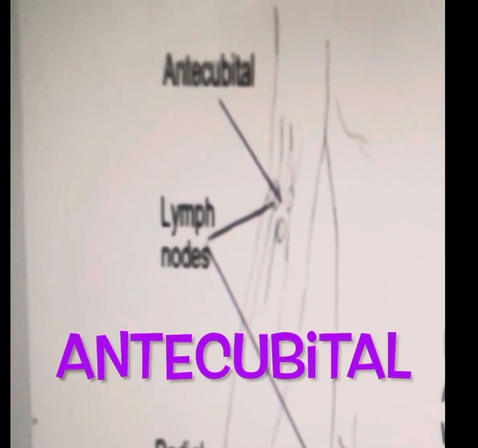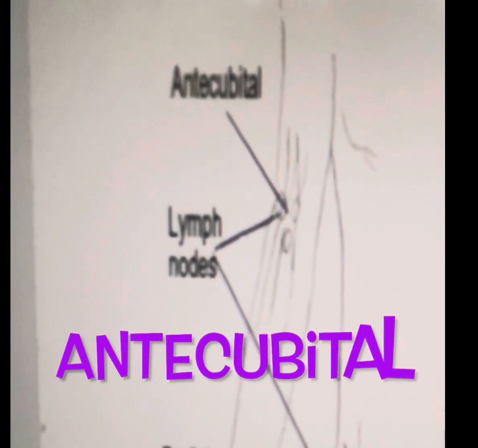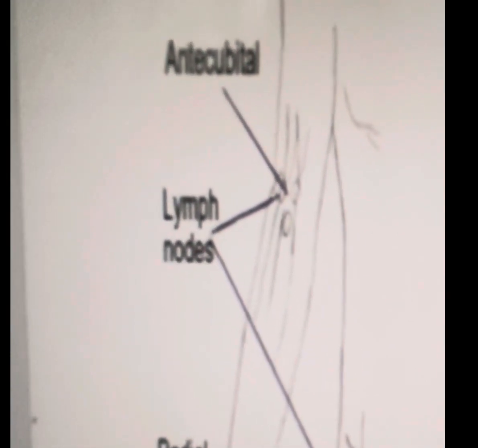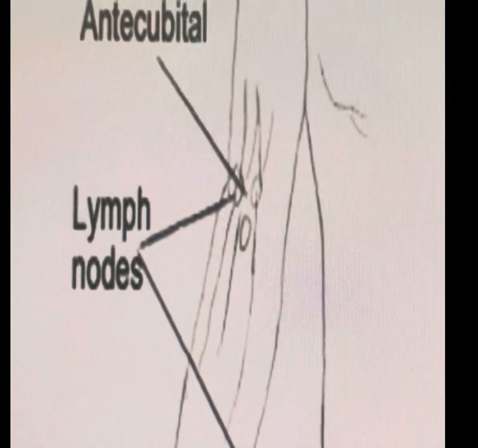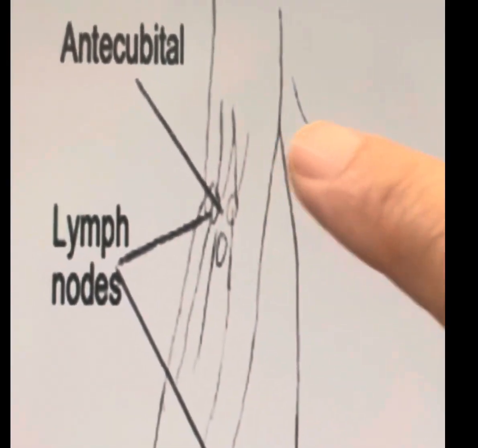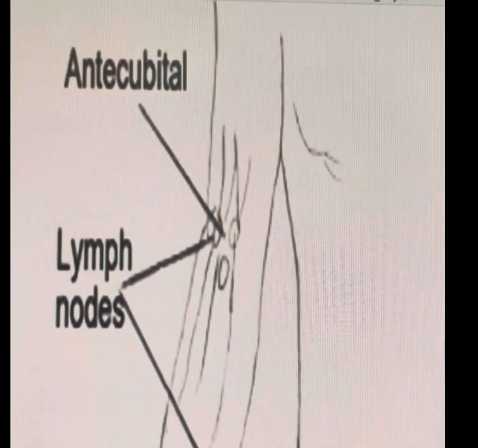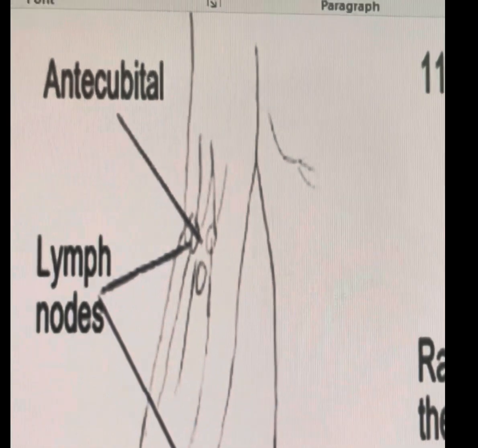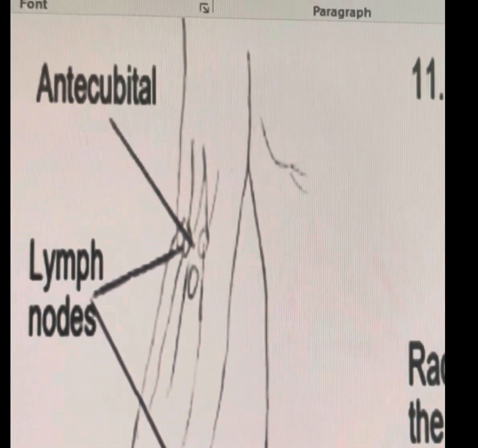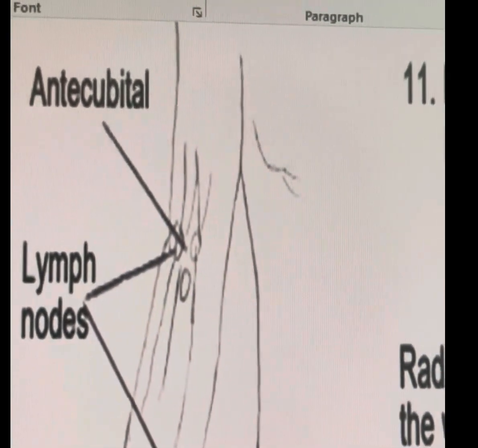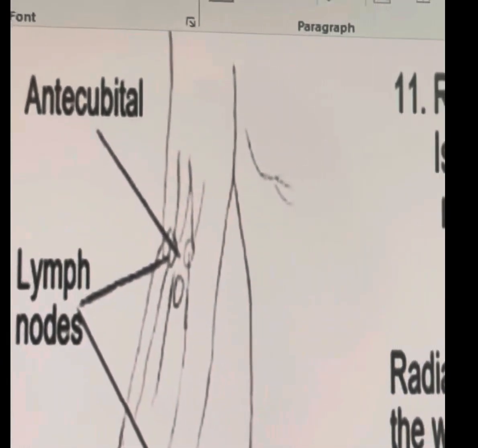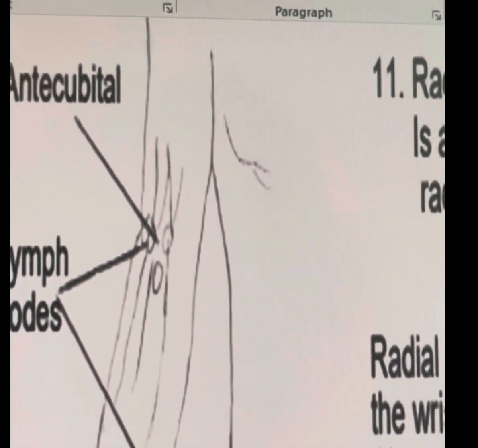The next one, antecubital, is also known as the front of our elbow and contains the brachial arteries, cubital vein, median nerves, radial arteries, and ulnar arteries.